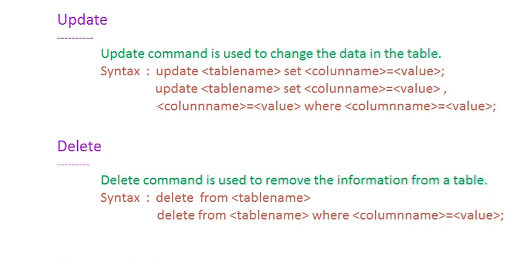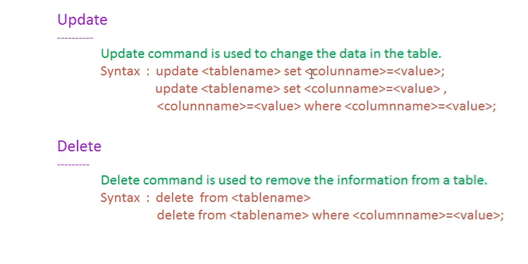Using the update command, you can change a particular column value of a particular record, or you can change the entire column values of all the records available in the table. Here you can observe the syntax: update table name set column name equal to value.